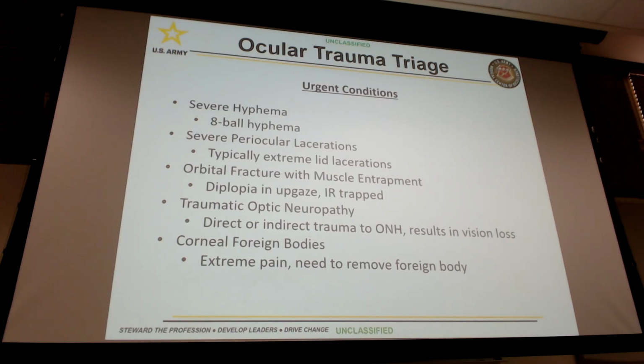Okay. You guys, if you're the only medical provider around, I'm thinking like in a deployed location, and you're it as far as the eyes go, number one, good luck. But number two, if you have like a corneal foreign body coming in, you're 100% within your wheelhouse to get that out.